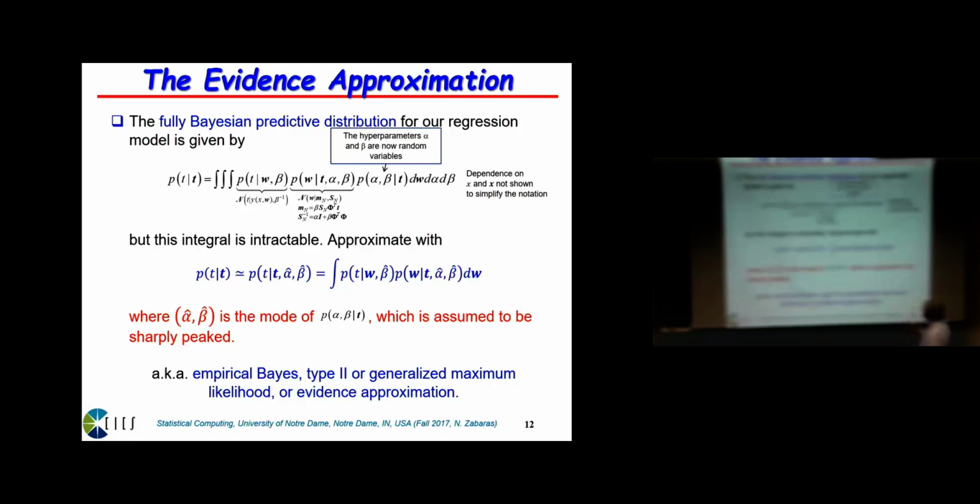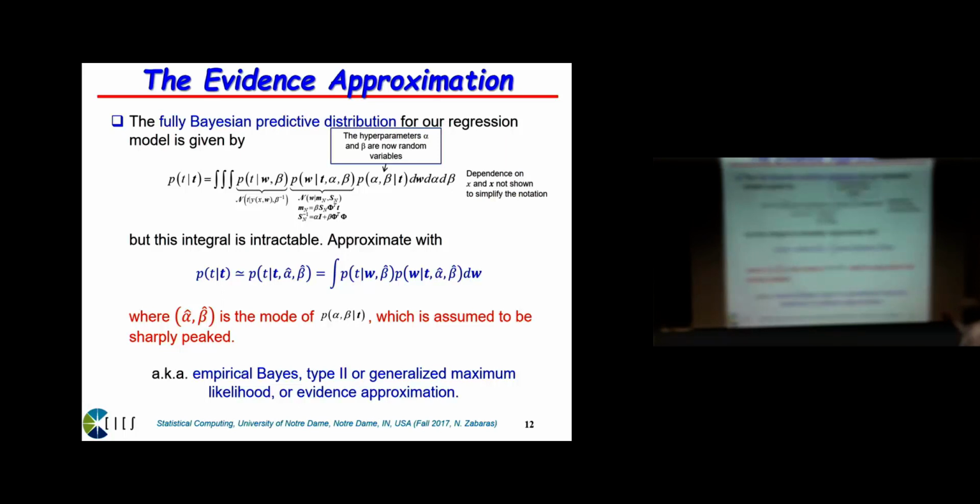So if we do use point estimates, this big integral for the predictive distribution becomes an integral in W, where you notice now I have beta hat and alpha hat, which are going to be some point estimates to be computed. Okay? And we will discuss exactly how this computation is going to happen. So again, this would be the full Bayesian way to do things, but it's very complicated.